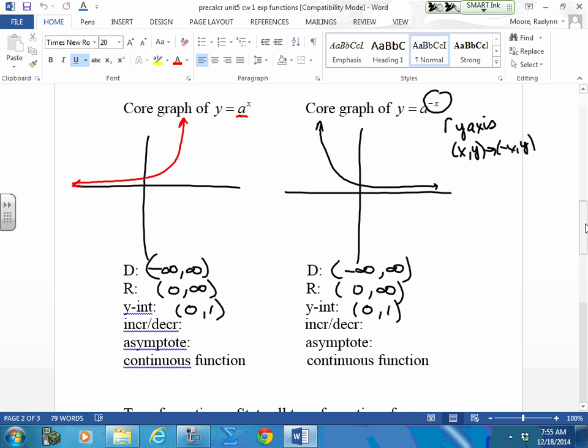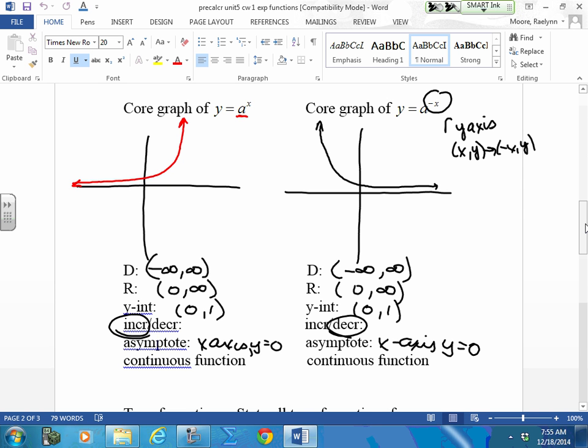We said this guy was increasing. And what's that one? Decreasing. Good, God bless you. Your asymptote. What's your natural asymptote for this? The x-axis or the y equals 0? Same thing here. We didn't change this. They don't want a point for the increasing, decreasing?